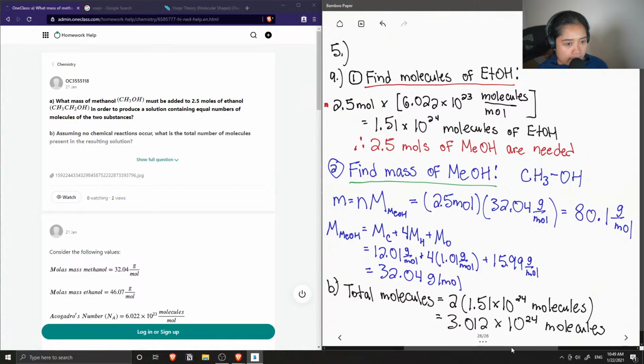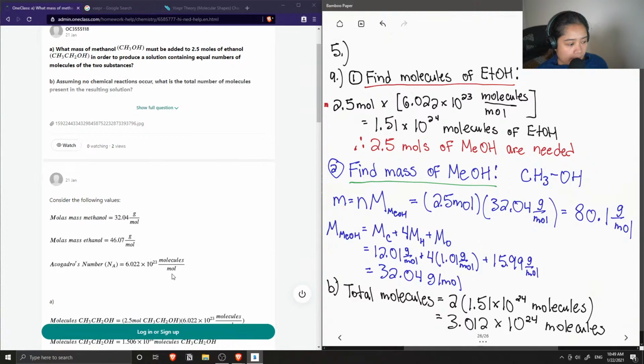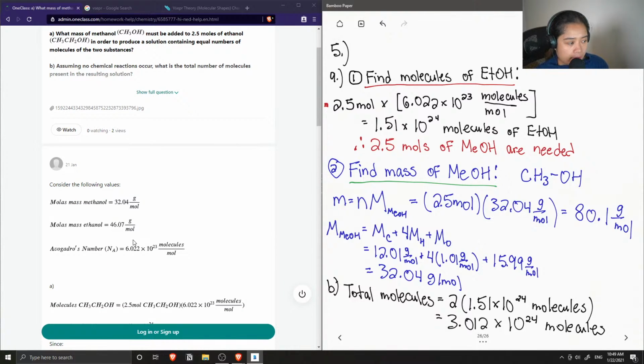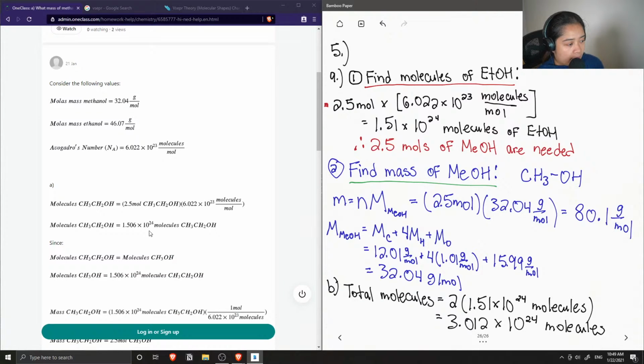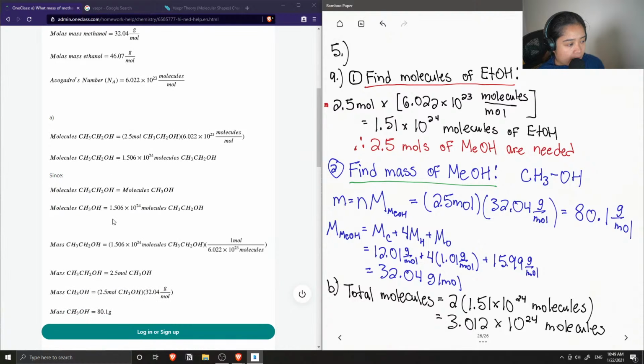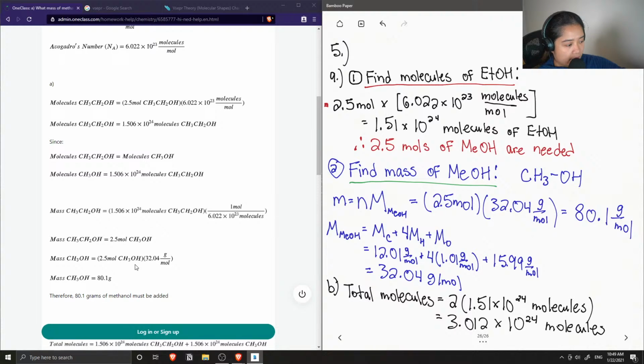Okay, so now let's see what the junior tutor said. Consider the following values. The molar mass of methanol is 32.04 grams per mole, and the molar mass of ethanol is 46.07. They also have Avogadro's number, and then they found the number of molecules for ethanol, and they found that they just needed the same number of moles of methanol.